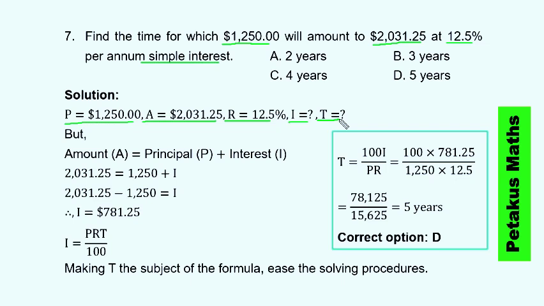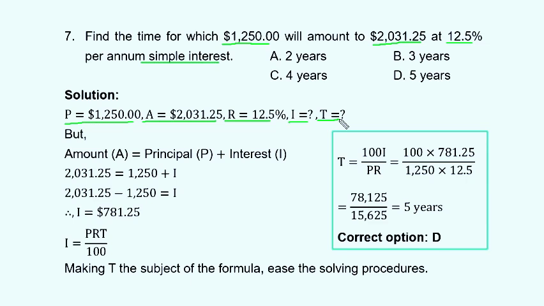In order to get time, we need the simple interest first. You have to recall that amount is always equal to principal plus interest. You have amount equal to principal plus interest.